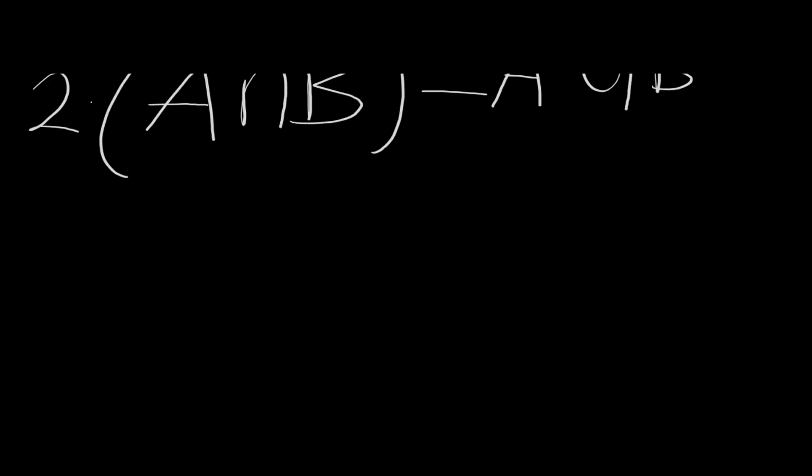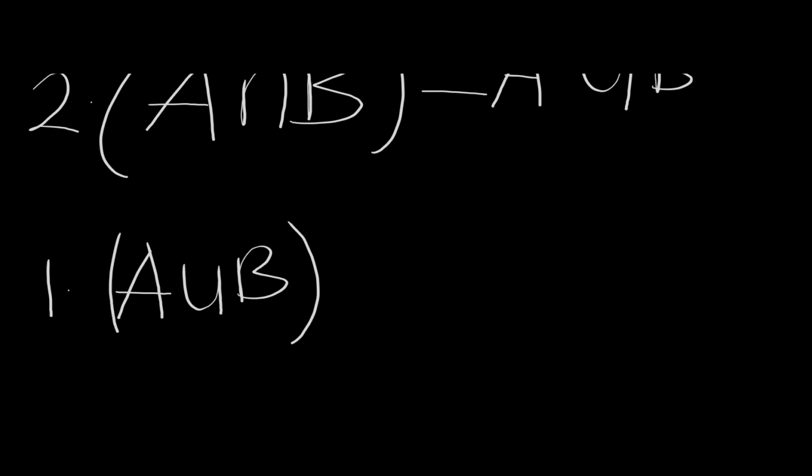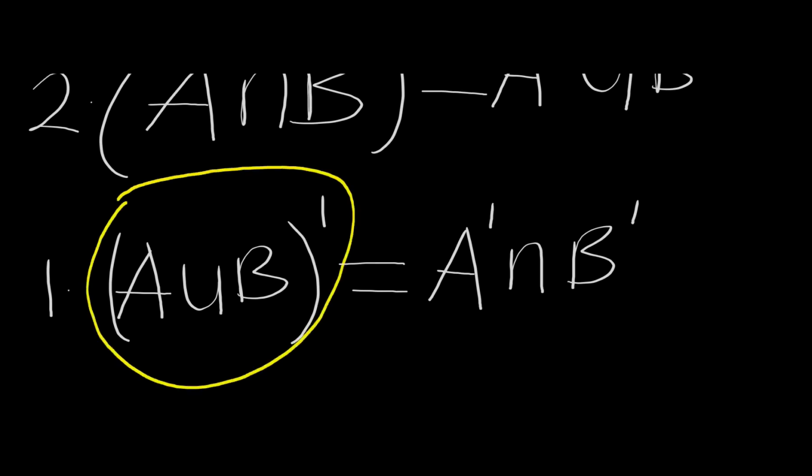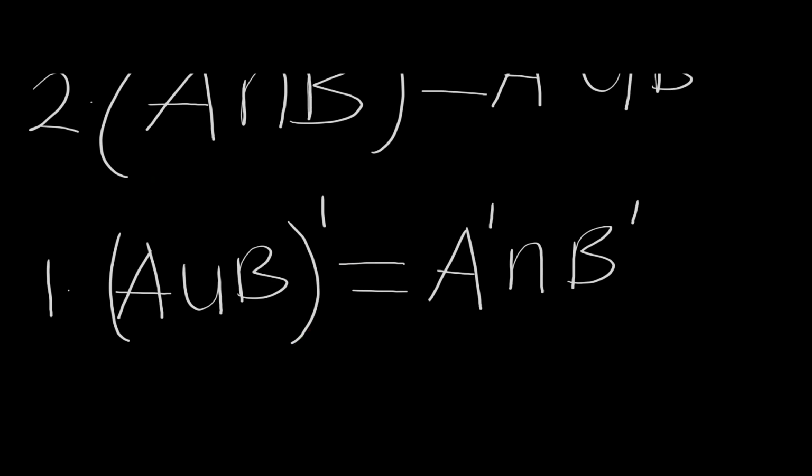So we have to show that (A union B)' is equal to A' intersection B'. Okay, so let's find (A union B)' first. In order to do that, we have to find A union B first.